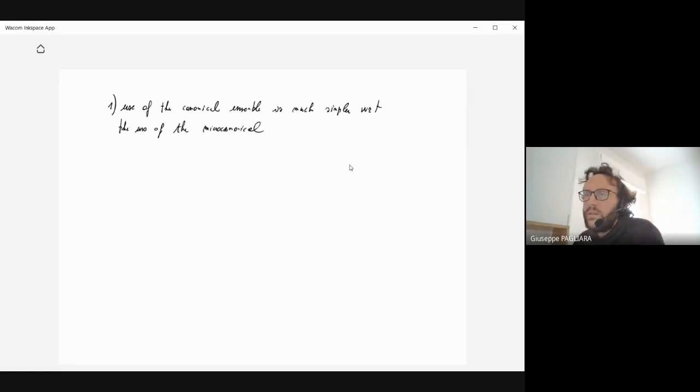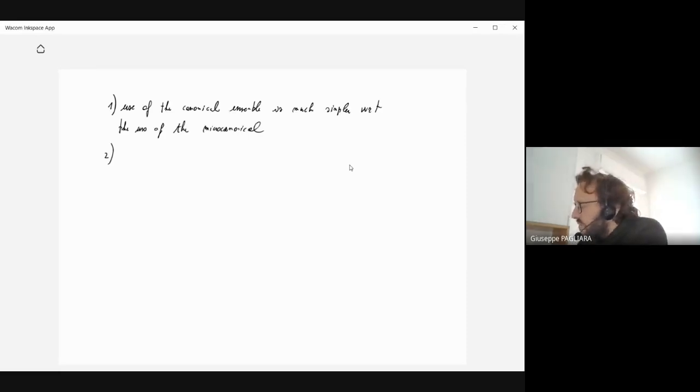Because when considering interactions between particles, calculations in the microcanonical ensemble are basically impossible, whereas in the canonical ensemble, at least one can proceed with some approximation. This is the first reason. So the canonical is easier to use, and it is justified by the fact that the fluctuations are small.